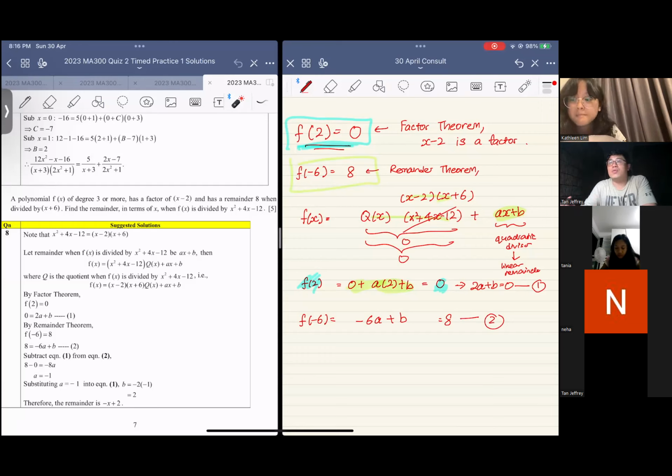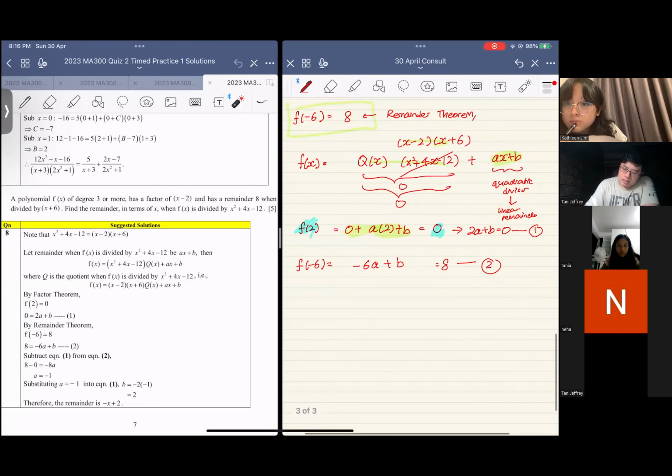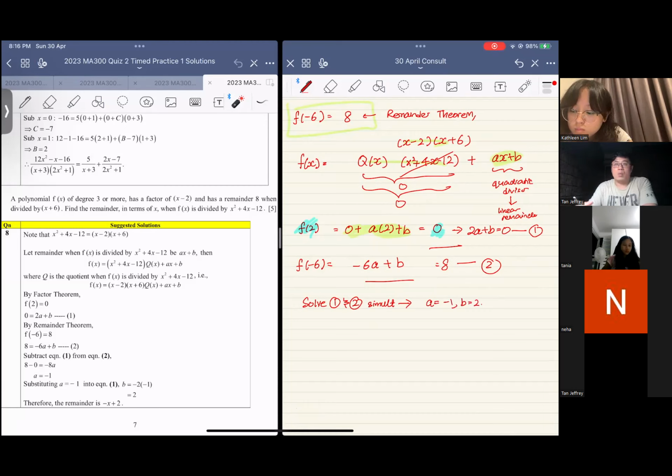With these two pieces of information, I will then solve for my a and b. Solve 1 and 2 simultaneously. This allows me to get a equals -1, b equals 2. And what does that provide me? Remember, the a and b here signify the remainder.